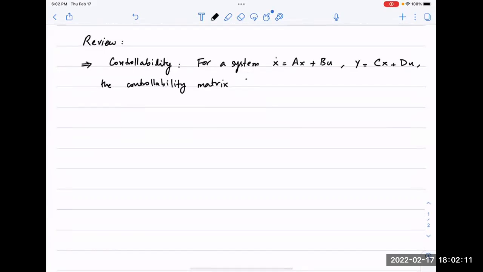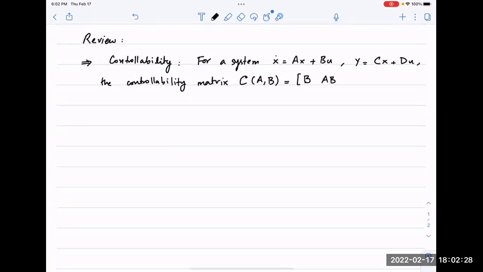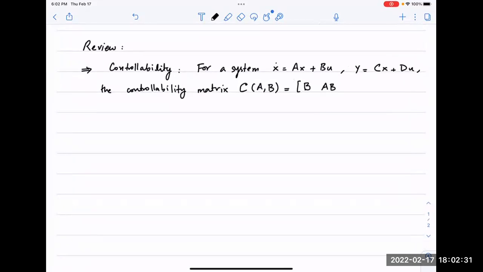It is a function of A and B, and can be written as an augmented matrix of the matrix B, then AB, then A squared B, all the way until A to the power n minus 1 times B. B could be any dimension. If you have more than one input, then the matrix B would have more than one column.